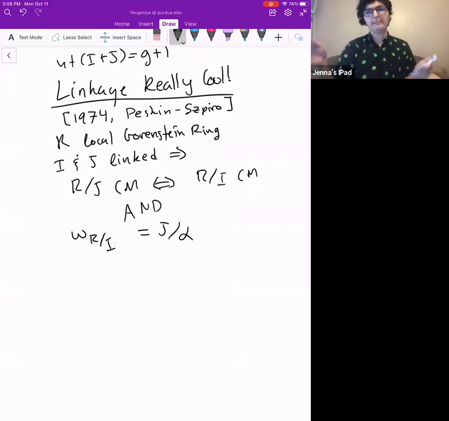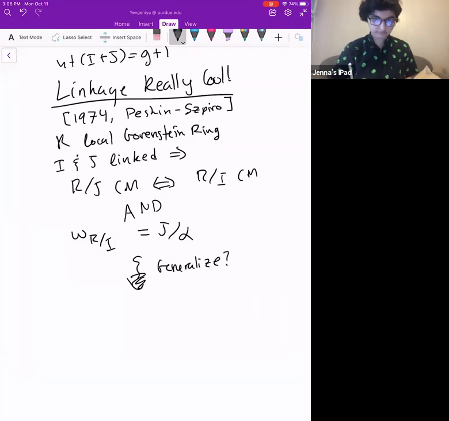We can use mapping cone construction to, for the most part, compute the generators of a link. But we're mathematicians. We see a cool thing and we think, can we generalize it? And that is where residual intersections come in.